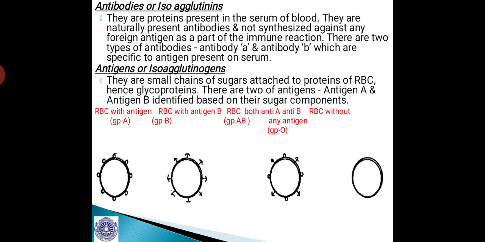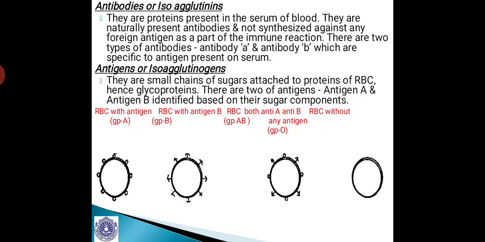Coming to antibodies or isoagglutinins, they are proteins present in the serum of the blood, and they are naturally present antibodies. They are not synthesized against any foreign antigen as a part of the immune reaction, but are naturally present.